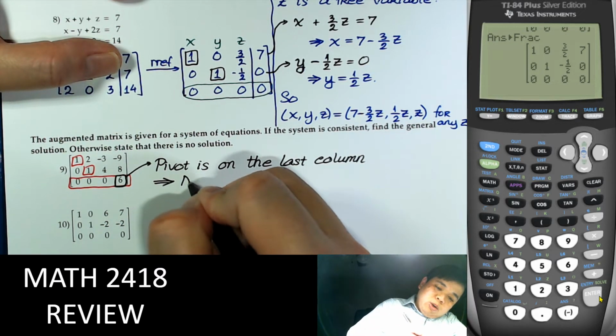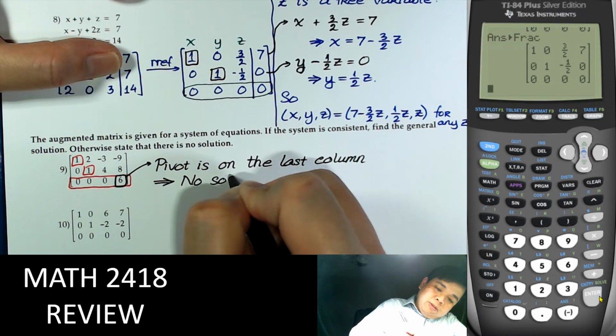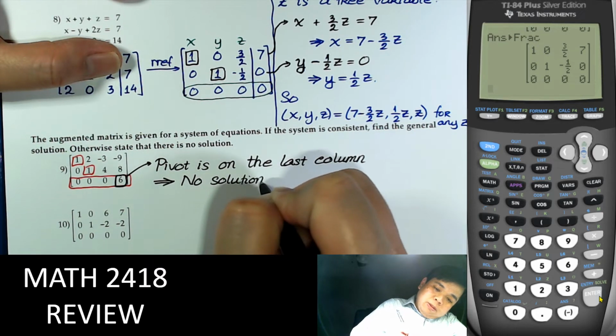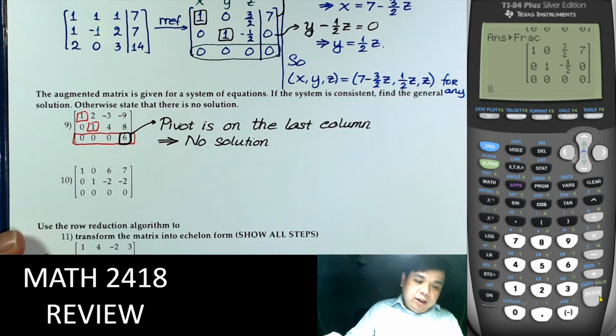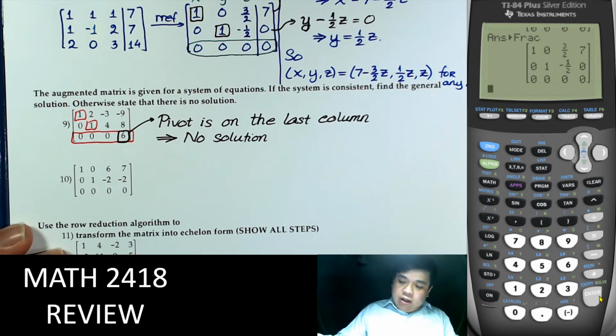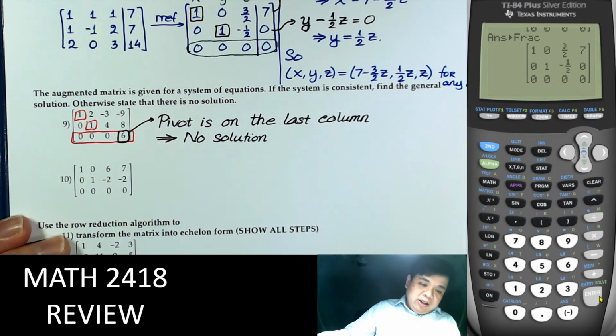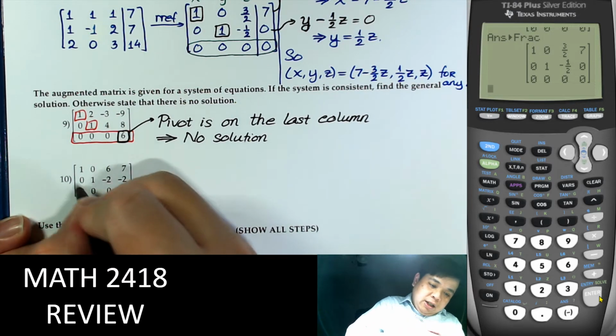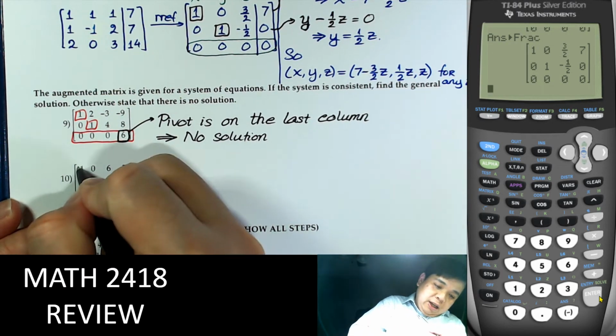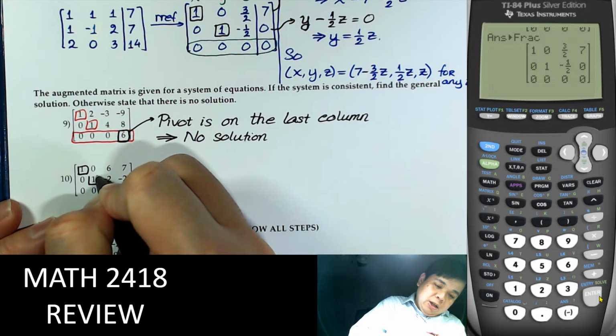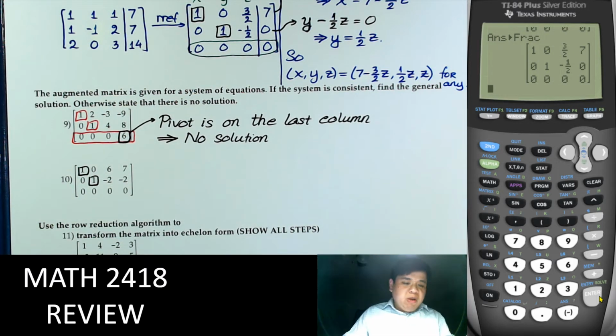So that would be no solution. Next one, we have the pivot here and here. Whole row 0 is perfectly fine.